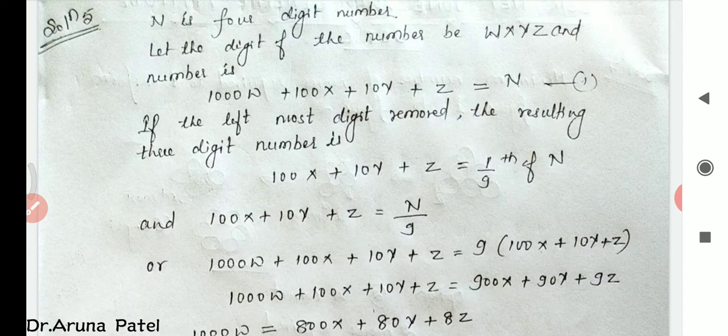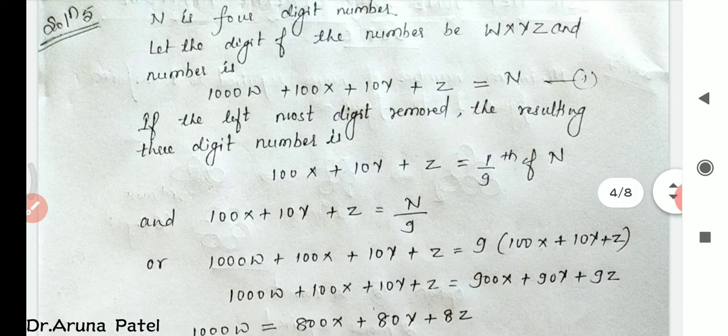So w is in the 1000 position, x is in the 100 position, y is in the 10 position, and z is in the unit position. Combining all four, we get the number n. If the leftmost digit is removed, the resulting 3-digit number is 100x plus 10y plus z, which equals 1 by 9 of n.